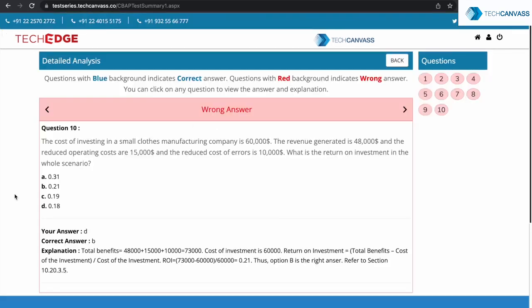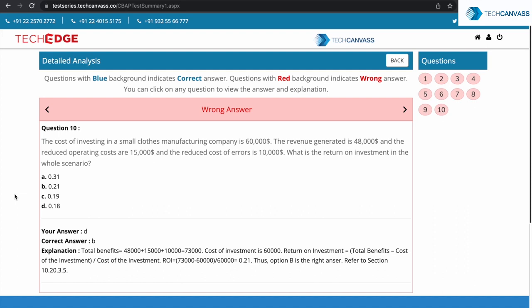The correct answer is option B, which is 0.21. Let's look into its explanation. Total benefits is equal to 48,000, which is revenue generated, plus 15,000, which is reduced operating cost, plus 10,000, which is reduced cost of errors. That comes to $73,000. The first statement says the cost of investment is $60,000.